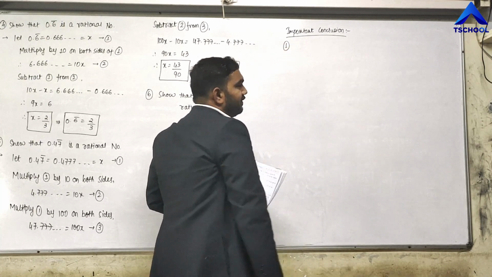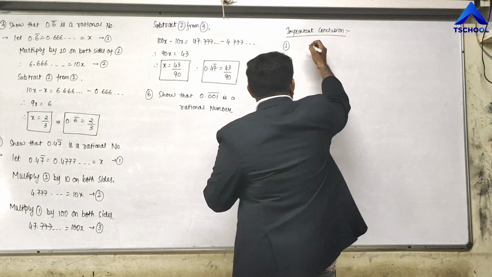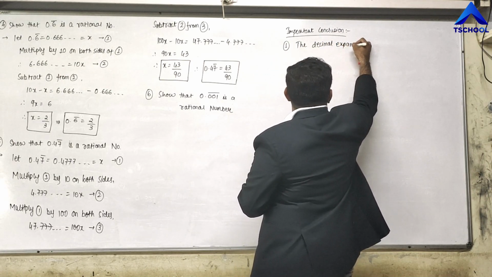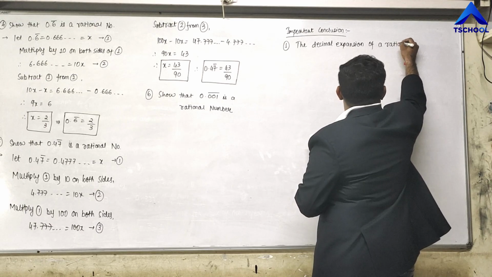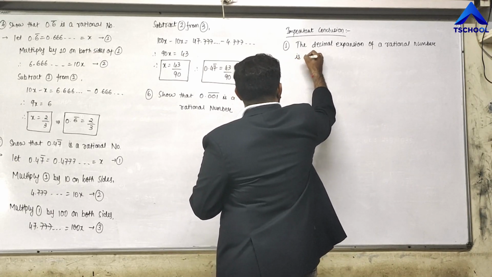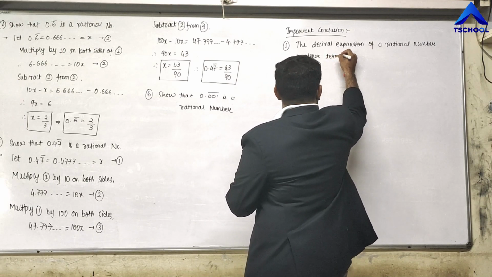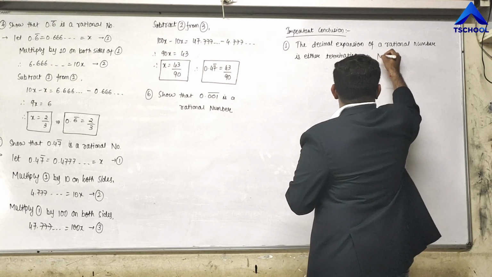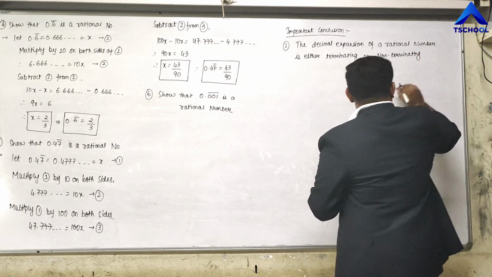This is very important to be remembered: the decimal expansion of a rational number is either terminating or non-terminating recurring.